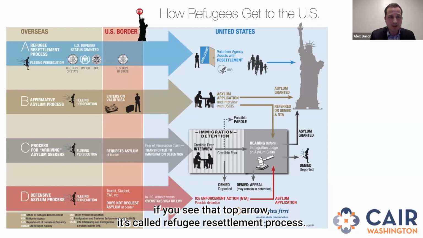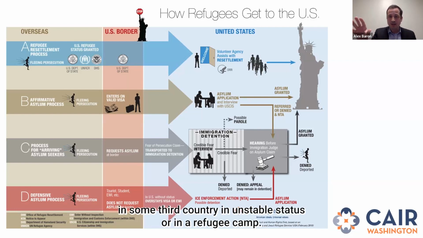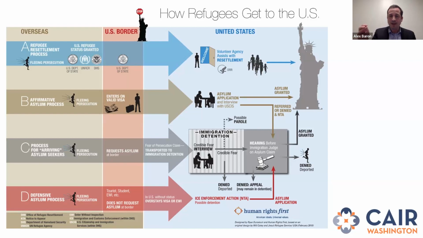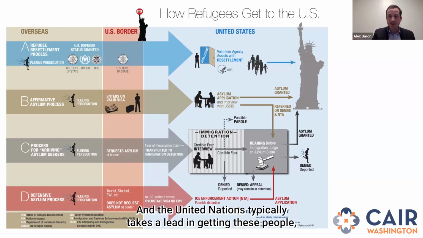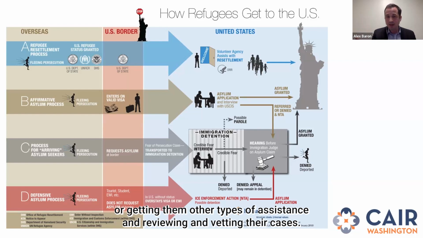But I'll just describe the big picture, which is that if you see that top arrow, it's called refugee resettlement process. So that is when someone leaves their country and is typically residing in some third country in unstable status or in a refugee camp. And the United Nations typically takes a lead in getting these people, first of all, getting them temporary housing or getting them other types of assistance and reviewing and vetting their cases.